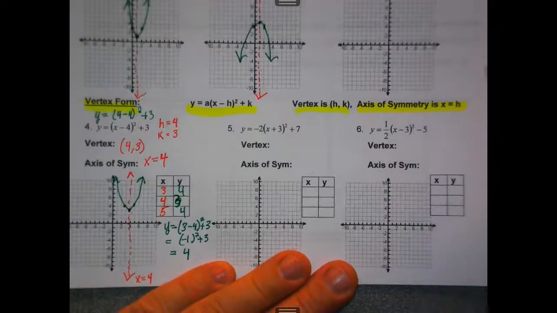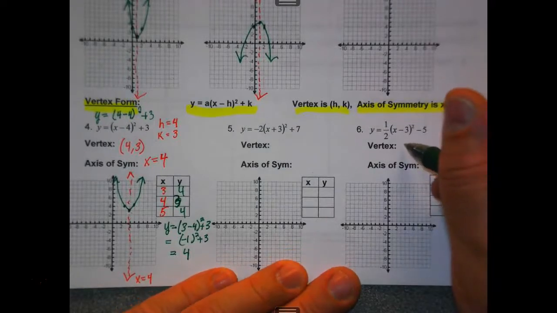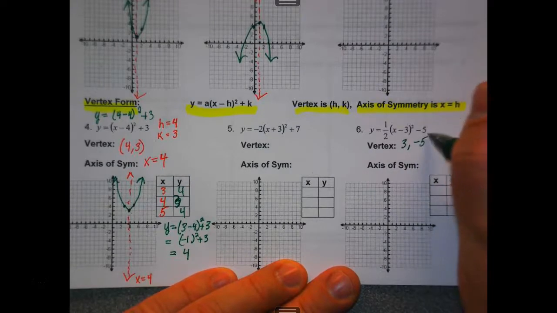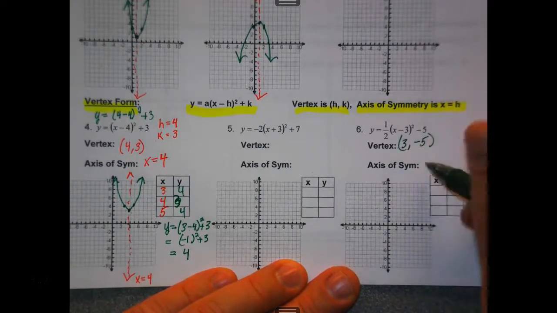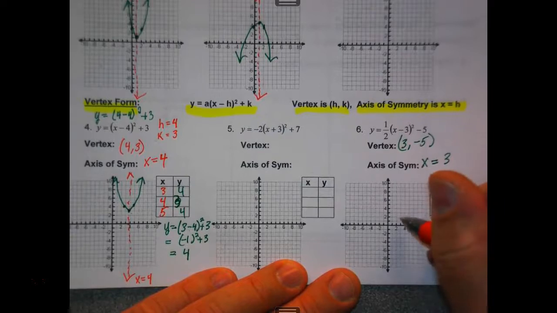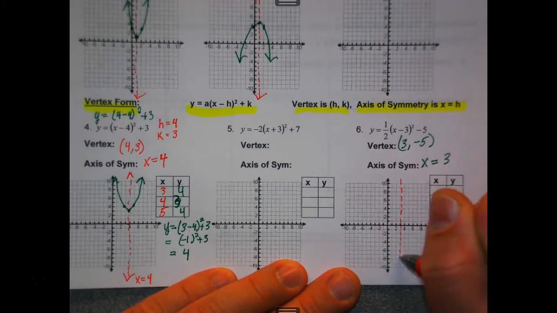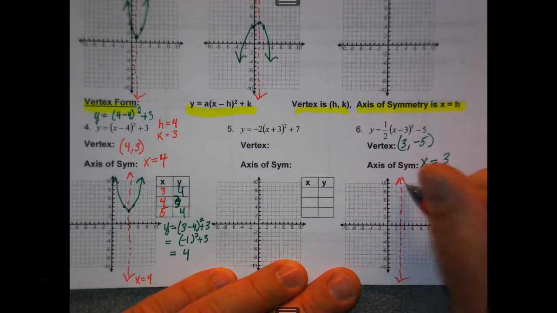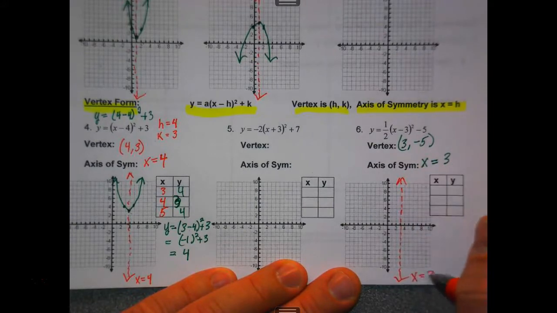Okay, what's my vertex? Axis of symmetry. Good. So x equals 3. And I have my vertex already, (3, negative 5).